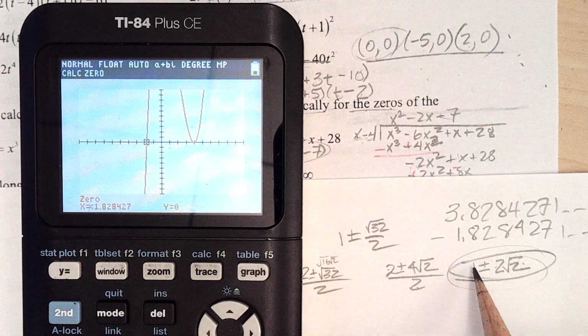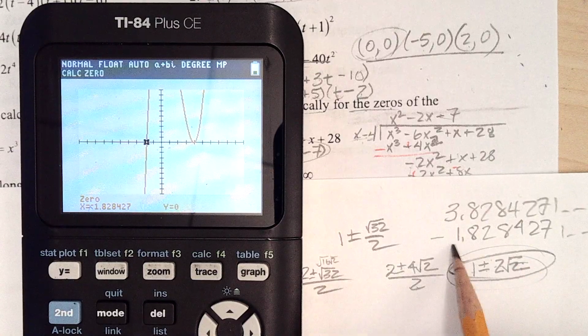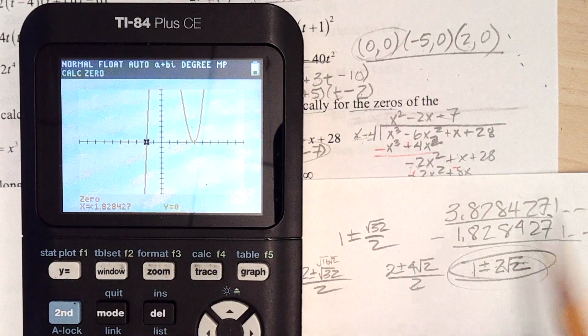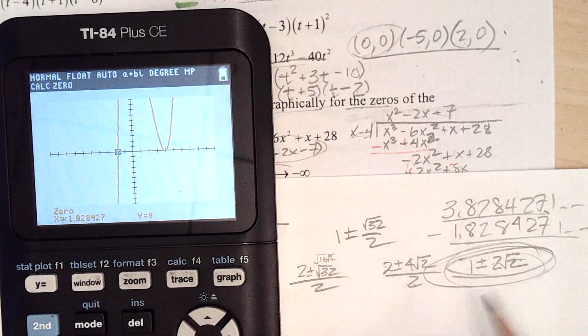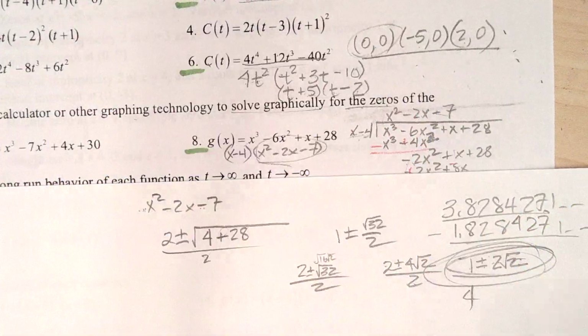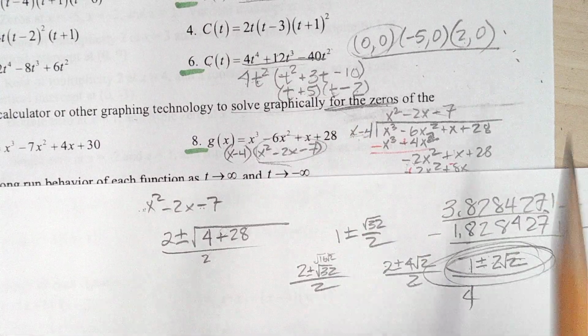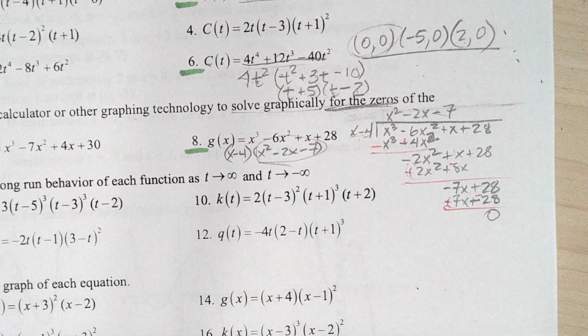But that's what 1 minus 2 square roots of 2 is. So those are decimal approximations. These are exact. The other one was 4. Those are the zeros. Solve for the zeros. Okay.